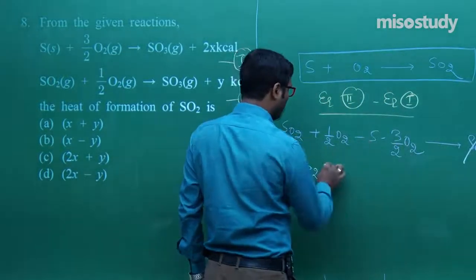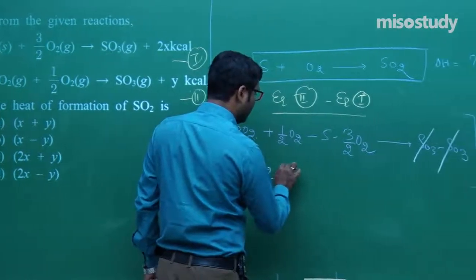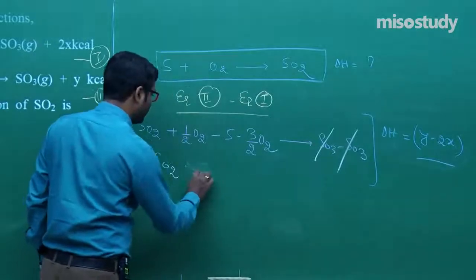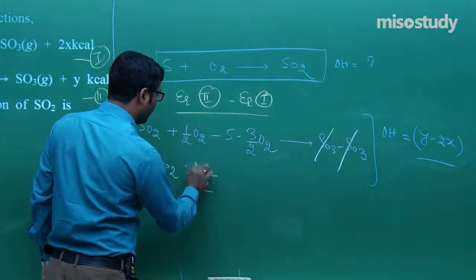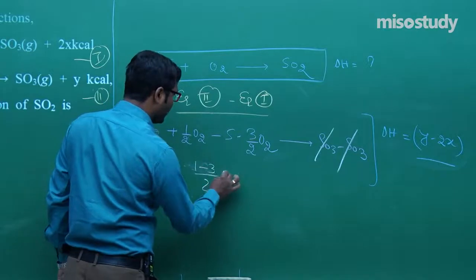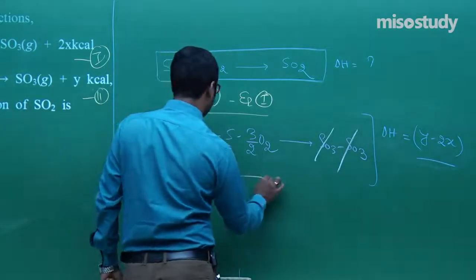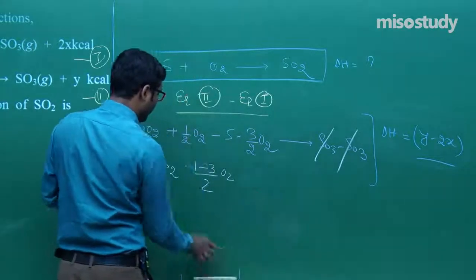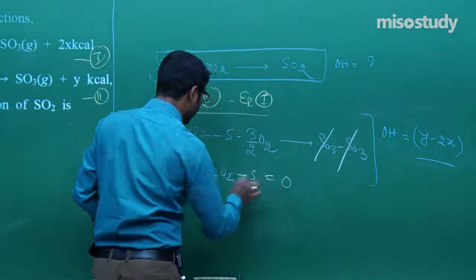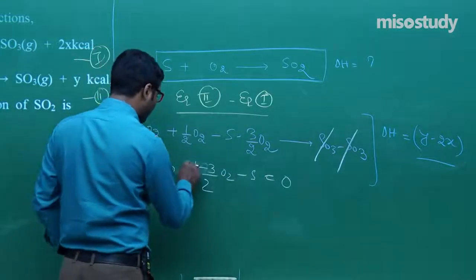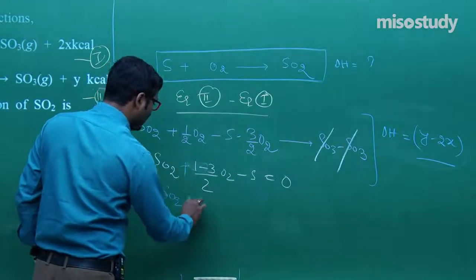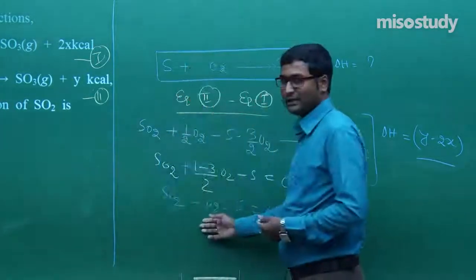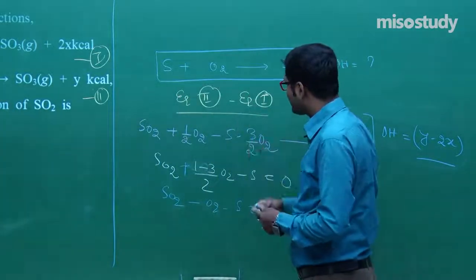SO2 plus half O2 minus 3 by 2 O2, that is 1 minus 3, minus 2 by 2, is equal to minus S. Put minus S equal to 0. Now put the plus sign: SO2 minus O2 minus S is equal to 0. Here comes a minus sign, so I think this expression is not correct.